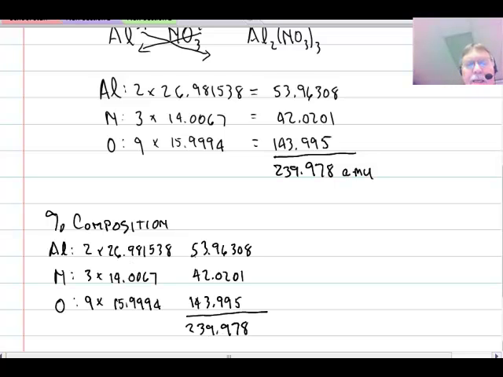Well, this number right here gives me the total mass of the aluminum. So if I simply take this number, 53.96308, and divide that by the total mass, 239.978, and then of course multiply by 100, that will give me the percentage of aluminum.